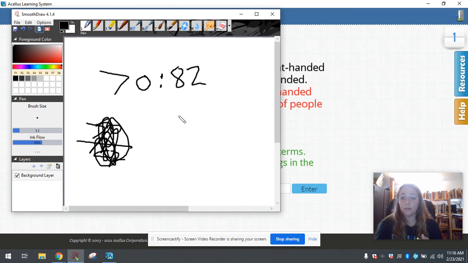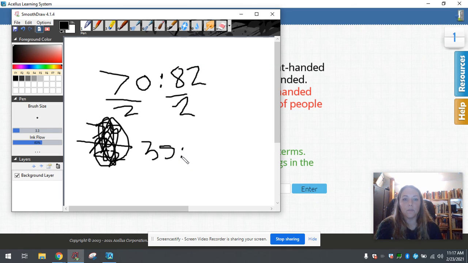Now they're both even numbers, so I know they're divisible by 2. So I'm going to start there and divide both of them by 2. 70 divided by 2 is 35, compared to 82 divided by 2 is 41. All right, I don't think there's any common factors between those numbers. So I think I've reduced my ratio.